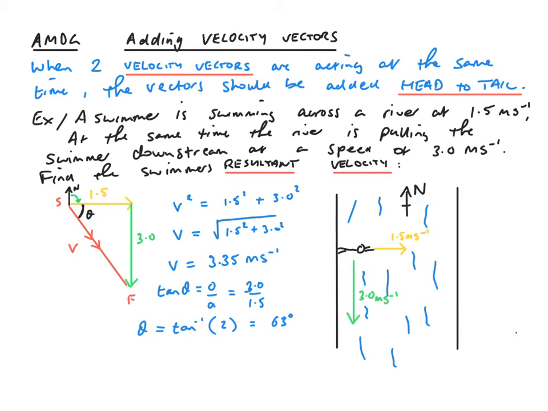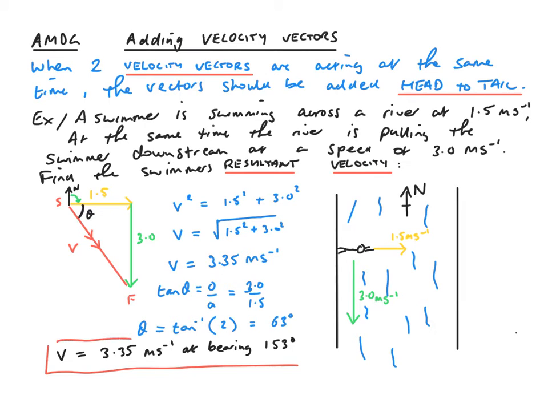Okay, so the final solution then tells us that the velocity vector that we've been trying to work out here is 3.35 meters per second. And our 3-figure bearing is 153 degrees.